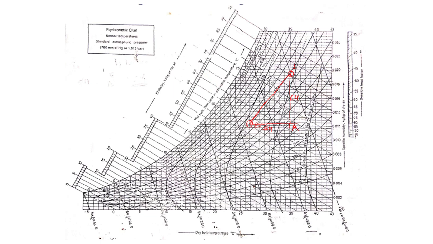Fine. So we will note down those things first of all. I will have the enthalpy H1 as 85, H2 is 58, and HA is about 67. So these things we have found out from the psychrometric chart.